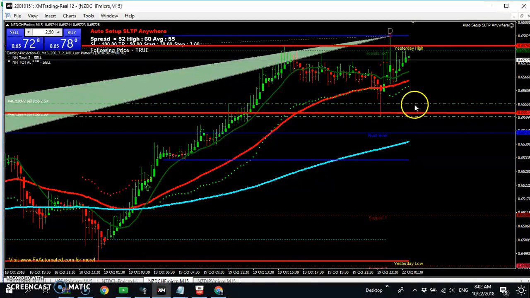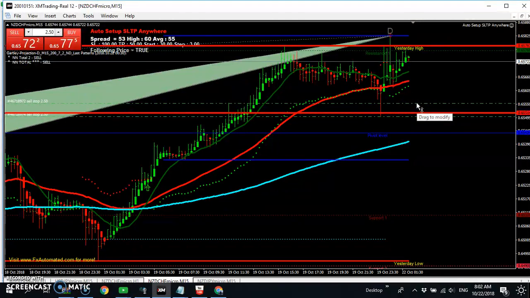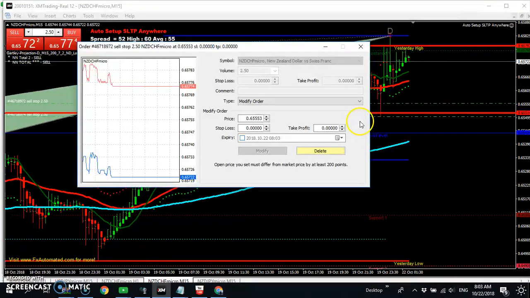So now the exit, which is the take profit of these two trades, this first one, we exit on this support right here. This is one kind of support right here. If you see what I'm touching, 0.65104.